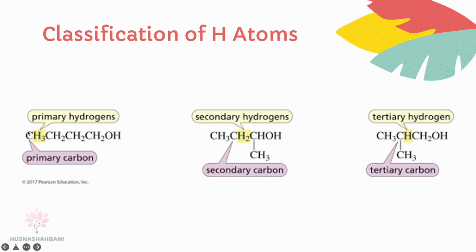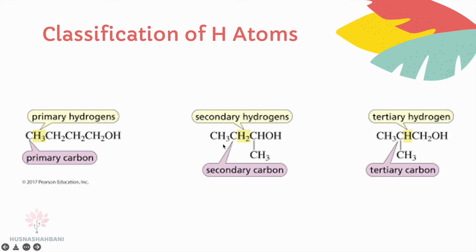And if you want to classify the hydrogen, you look at what class of carbon the hydrogen is attached to. These 3 hydrogens are attached to primary carbon. So we call these 3 hydrogens primary hydrogen, because the hydrogen is attached to primary carbon. Next, if you look at this carbon, 2 other carbons attached to this carbon.